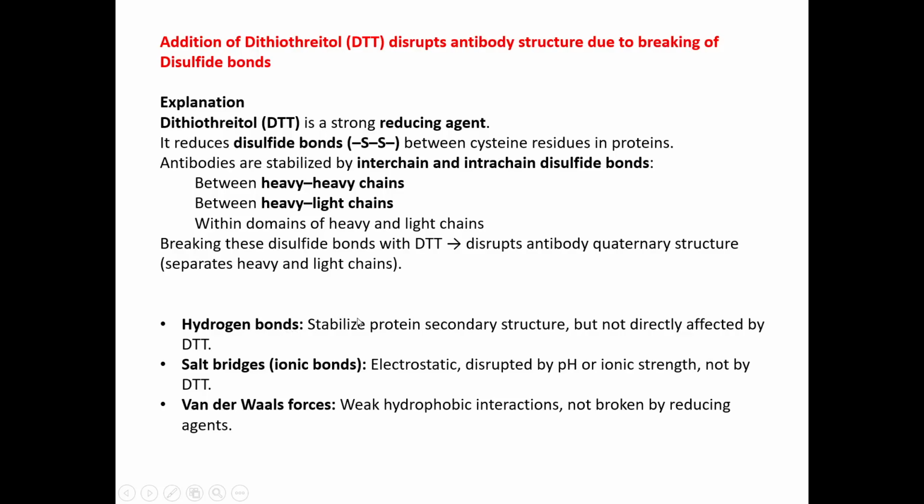Hydrogen bonds stabilize protein secondary structure, but they are not affected by DTT. Salt bridges are ionic, so they are electrostatic and are disrupted by changes in ionic strength and by pH, and not by DTT. Van der Waals forces are hydrophobic interactions, so they are also not reduced by any kind of reducing agents.